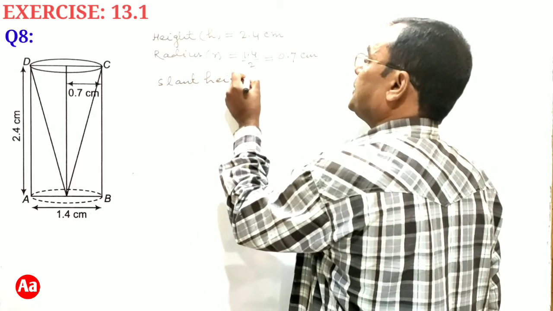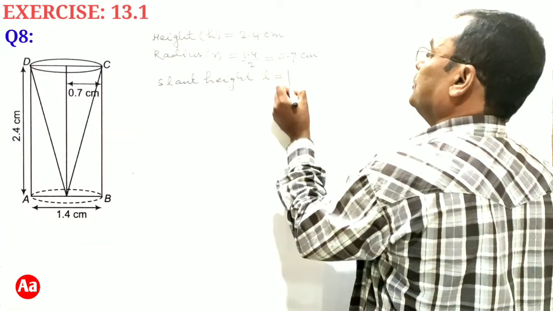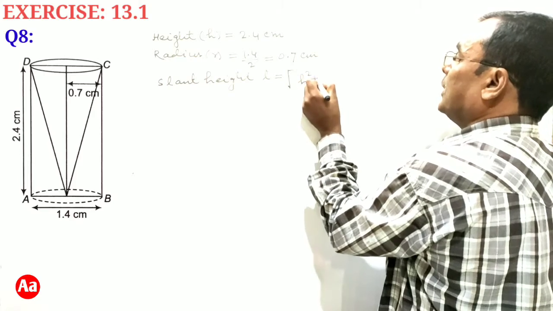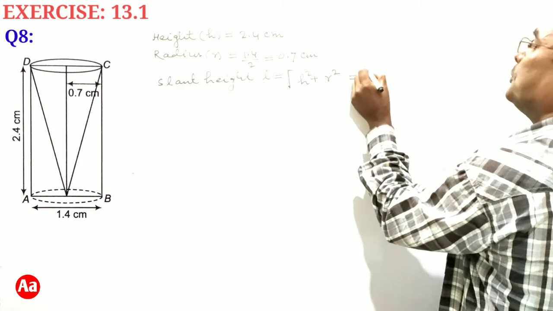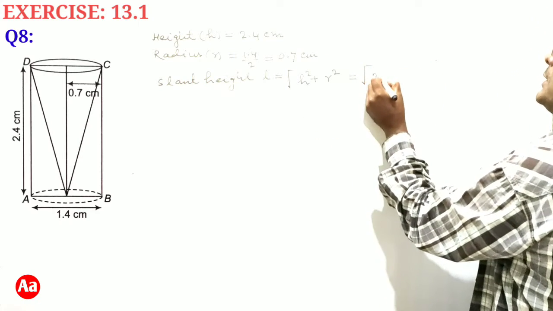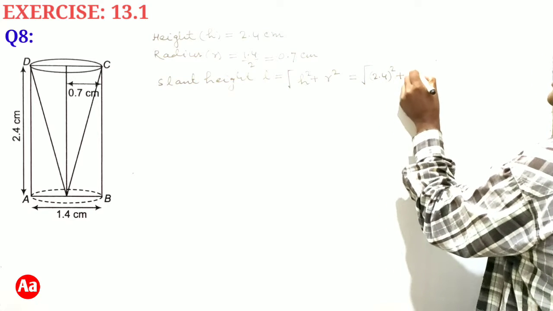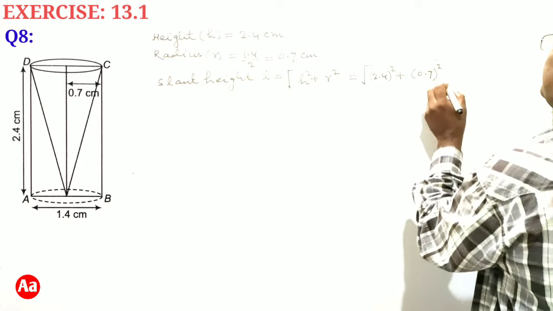Slant height of the conical cavity l is equal to under root h square plus r square. If you put the values of height h and r, it is under root 2.4 whole square plus 0.7 whole square.